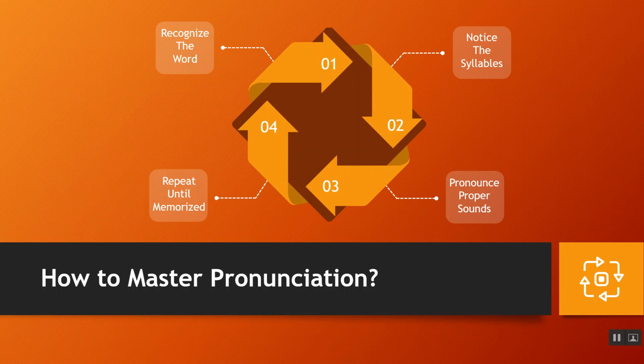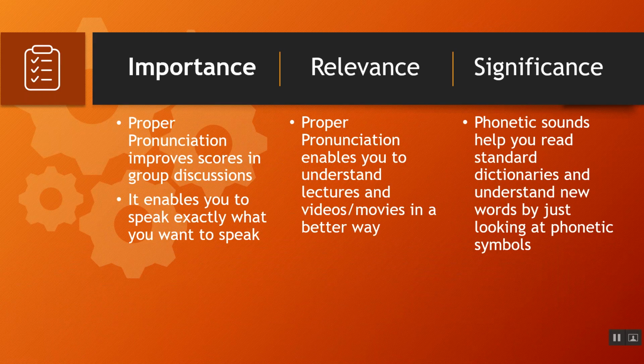So, how to master pronunciation? The first thing is recognize the word, notice the syllables, pronounce proper sounds, repeat until memorized. This is the cycle you have to keep in mind. Importance of this lecture: proper pronunciation improves scores in group discussions.